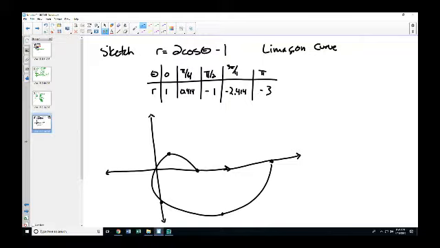All polars come back on themselves and repeat. So we need to finish this. Okay, but here's what's nice about a lot of polars: they're symmetric in some way, shape, or form. So if we finished to 2 pi, this would have the same coordinates, except it would be symmetric around the x-axis. Yeah, that's cool.